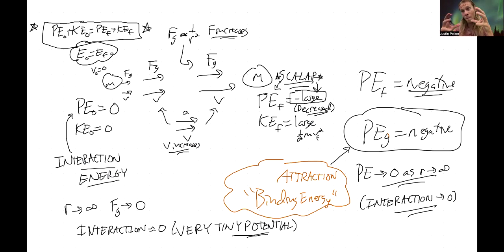That means two things are bound together. If it's positive, it means repulsion, or that things are being pushed away. They're not bound, they're repelling. So a negative potential energy is binding. And yes, gravity is always negative by this logic.